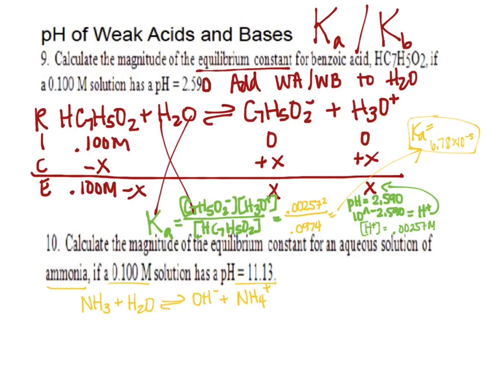Our initial concentration is 0.1 molar. Water goes away. 0 for hydroxide, 0 for NH4 plus. Our change is minus x, plus x, plus x, and at equilibrium it's 0.1 minus x, x, and x.